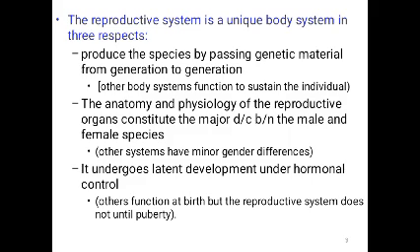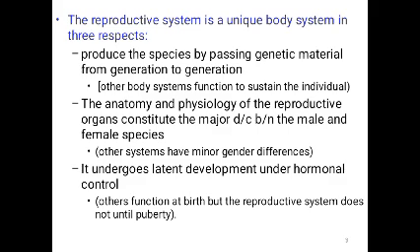The reproductive system is a unique body system in three respects. It produces the species by passing genetic material from generation to generation, while other body systems function to sustain the individual.